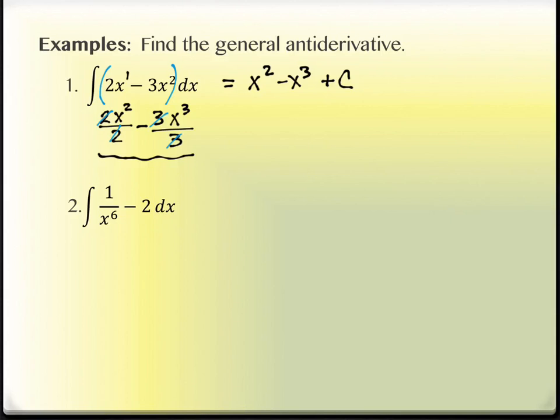The benefit to the antiderivative gateway versus the derivative gateway is that we have far fewer rules. Notice what you don't have. Product rule, quotient rule, and the chain rule. And there's a very good reason you don't have them.